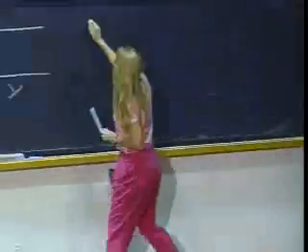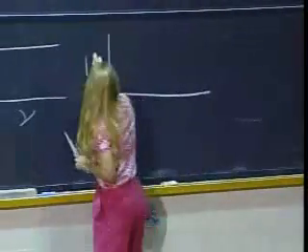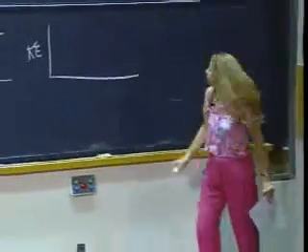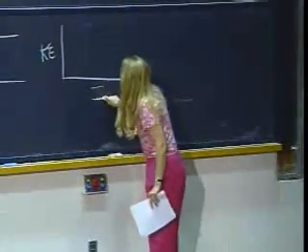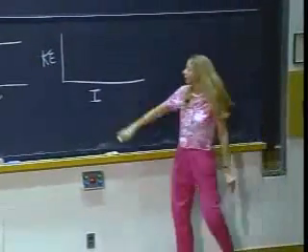And classical physics also predicted that the kinetic energy of the electrons should be dependent on the intensity, which I'm going to call I, of the light.